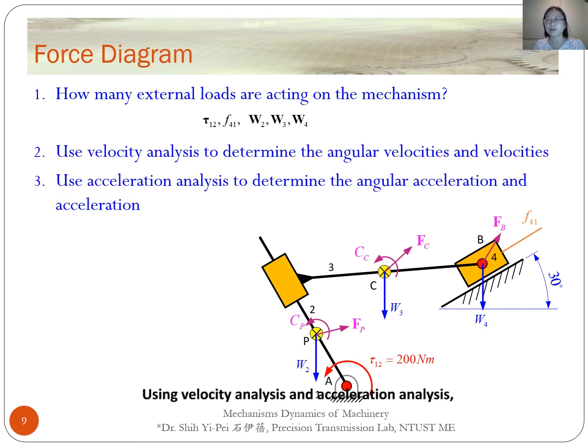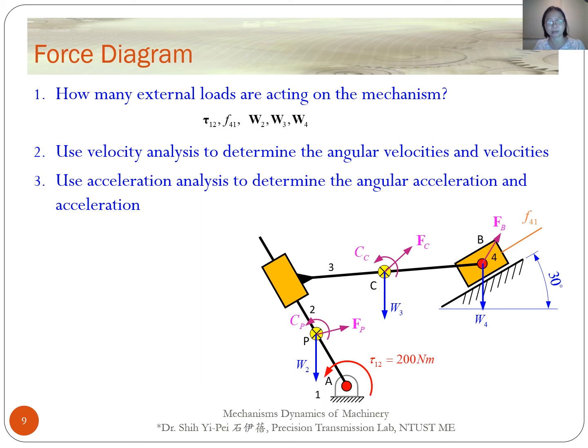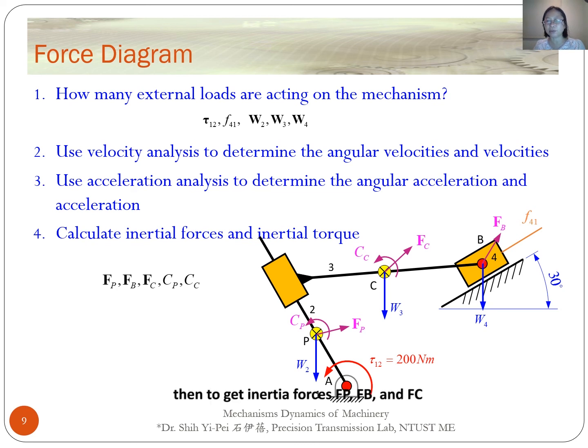We use velocity analysis and acceleration analysis. We can determine the velocity and the acceleration of every point in the mechanism. Then we get inertial forces Fp, Fb, and Fc, and the inertial torques Cp and Cc.